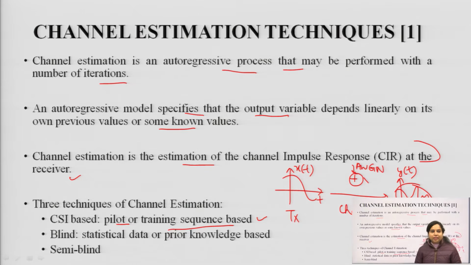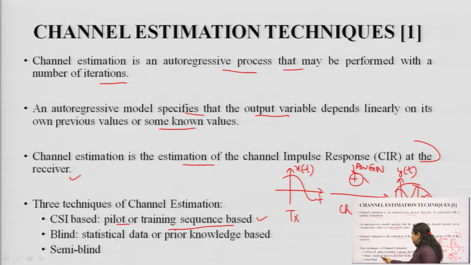Now, what is a pilot? There is a pilot carrier which will be used at the transmitter side or the receiver side for the purpose of coherent modulation. Coherent modulation is where the same carrier signal is used at the transmitter and receiver side, so that it will be demodulated perfectly for synchronous demodulation.